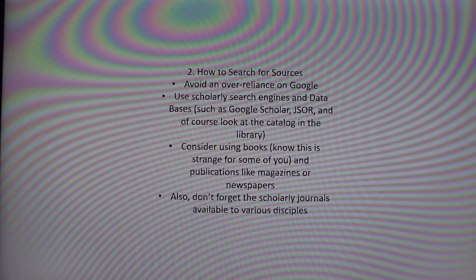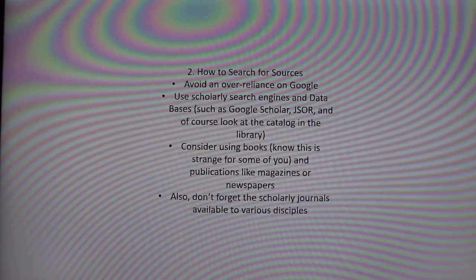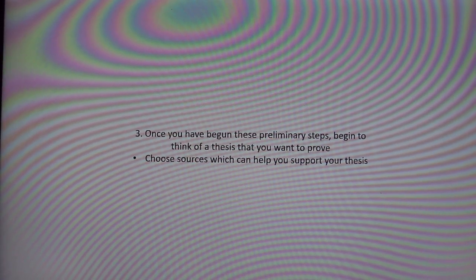When I say books that are scholarly and publications like magazines or newspapers that are credible, books that have endnotes and footnotes are scholarly, and publications like National Geographic, Smithsonian, Wall Street Journal for newspapers, New York Times, those are all things we consider good. And when I say scholarly journals, every discipline has its own journal. So here are some ideas hopefully to get you started.